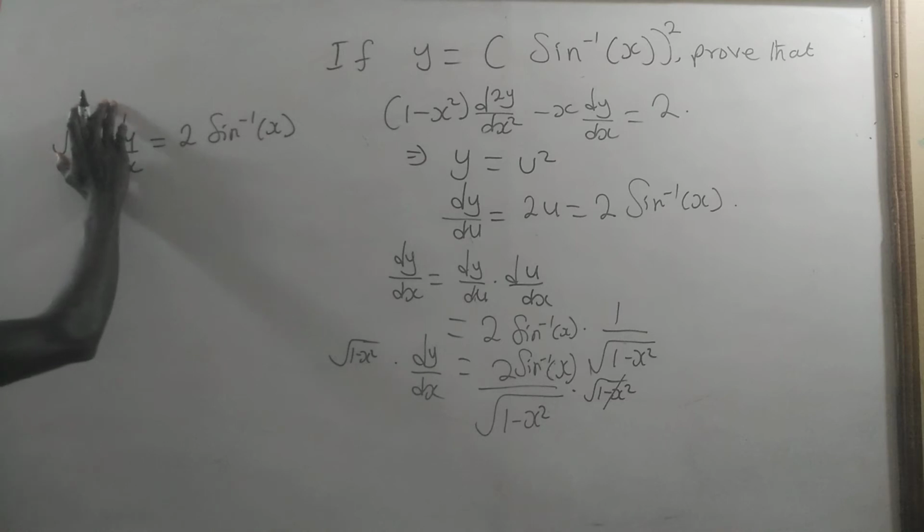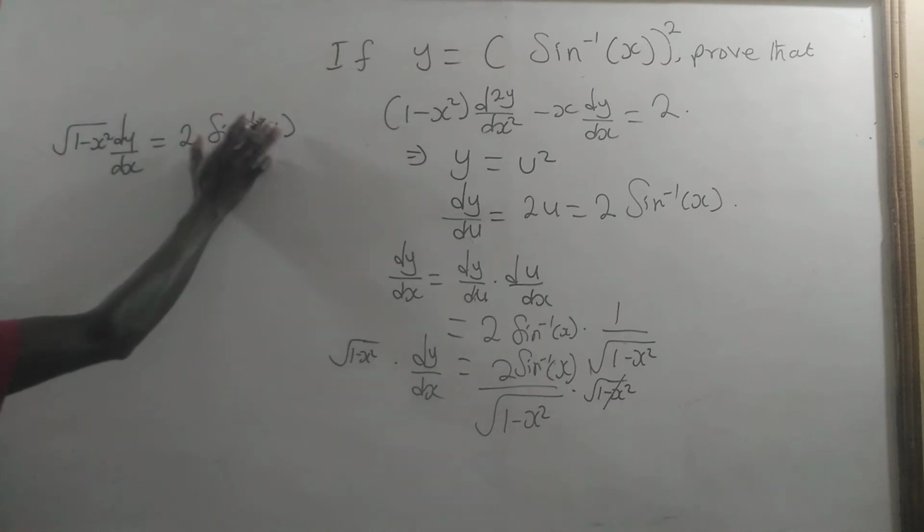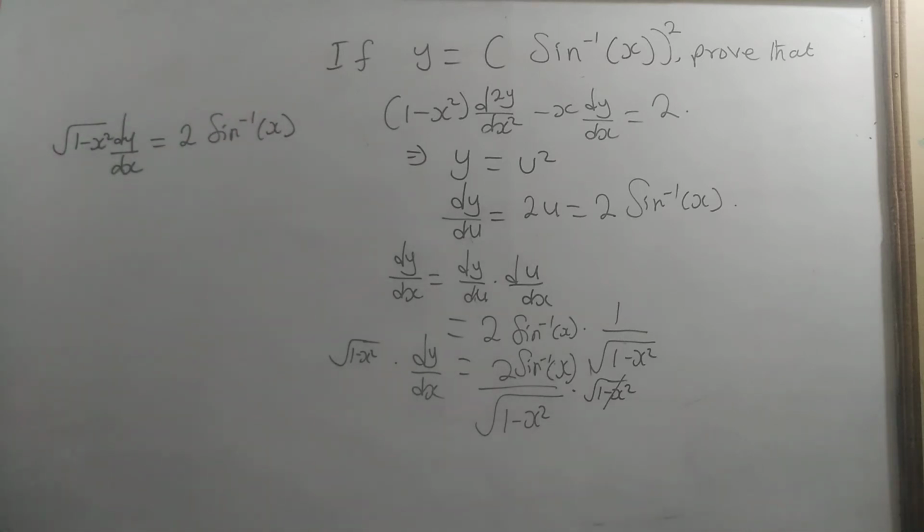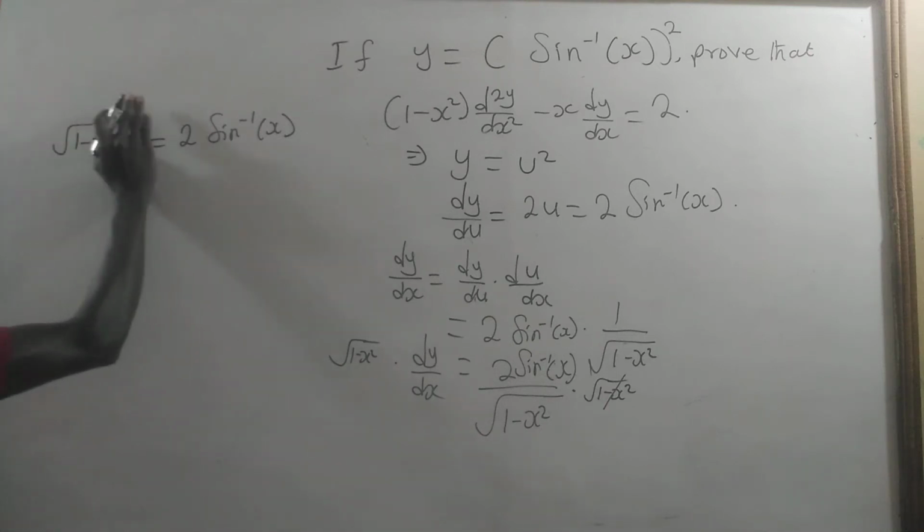Now, we are going to differentiate this and then differentiate this to get the second derivative. But here, remember that we are going to use the product rule because we have this and that.